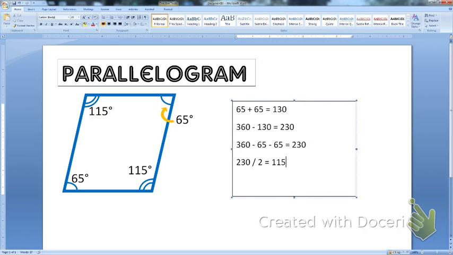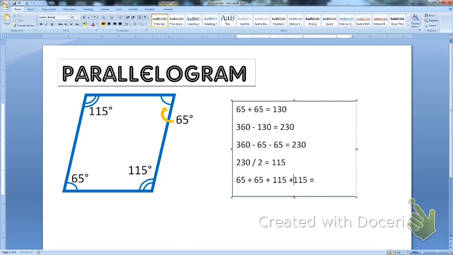Now, you're going to learn really quickly that the key to being successful in mathematics is not just coming up with an answer. It is checking that answer to make sure it works. It makes sense with what you know. So, we're going to take what we know, which is 65, plus 65, plus 115, plus 115, and we're going to figure out what the total is.